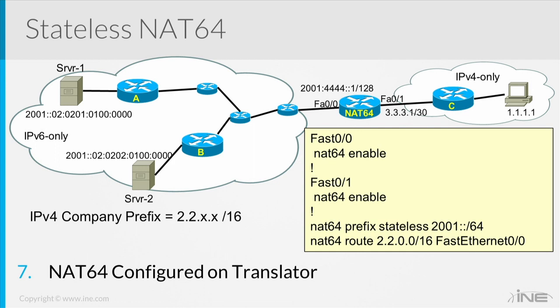It was all based on simply the knowledge of what prefix is being used for translation, and if I get v4 packets and I need to send them into the v6 cloud, which interface am I going to send them to? And that was it. Really, on this NAT translator right now, there's really no show NAT commands to see what information has been translated because he's not keeping track of that. There's no state.